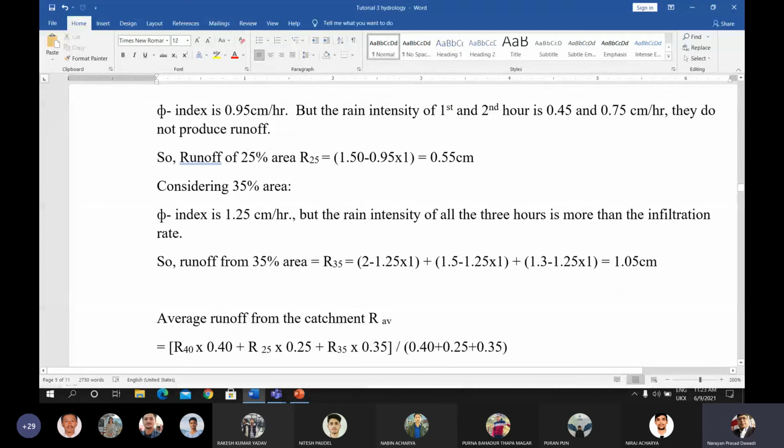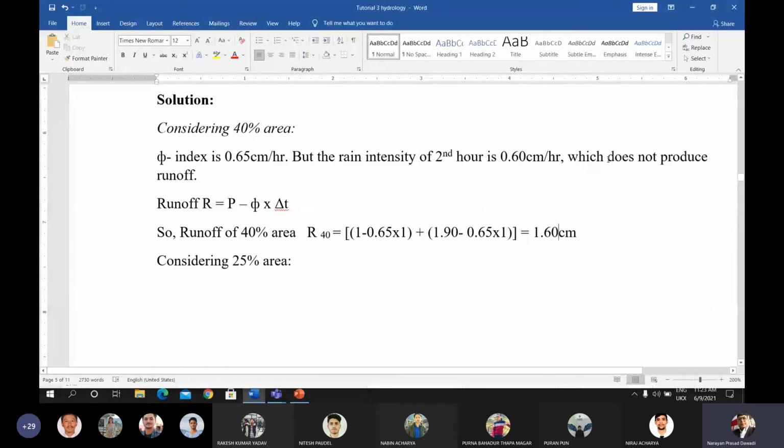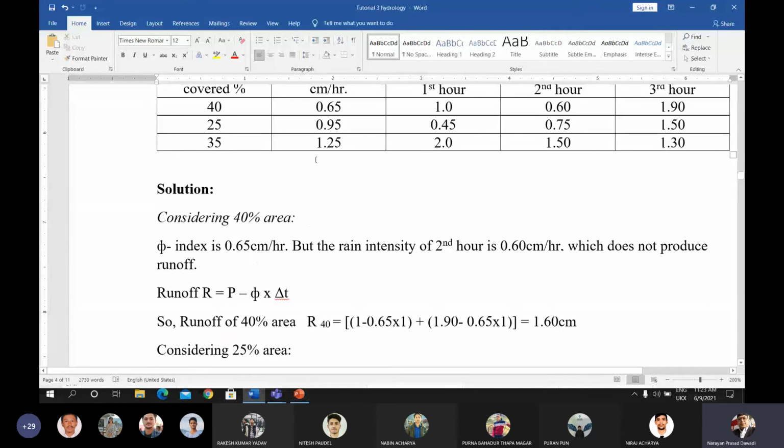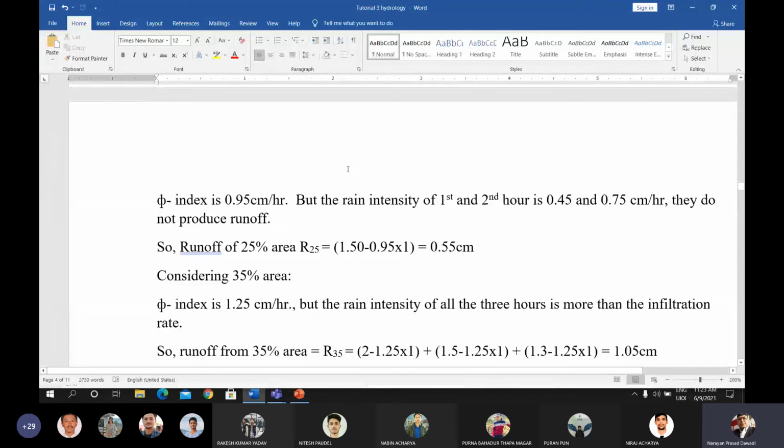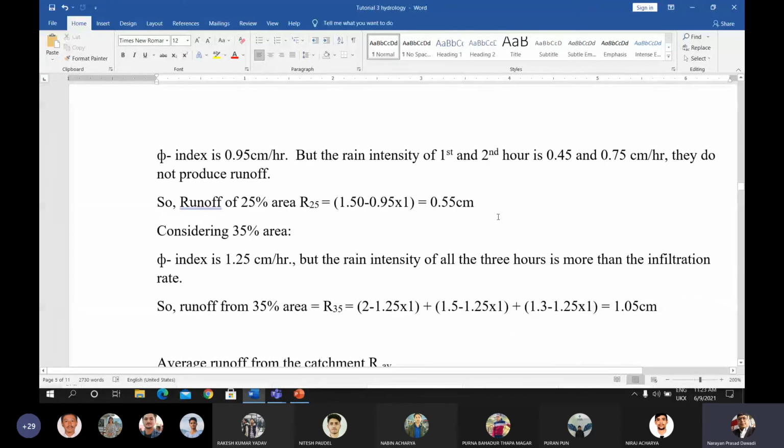So the surface runoff for the 25% area will be 1.50 minus 0.95 into 1, which gives the value of 0.55 centimeter. Okay.